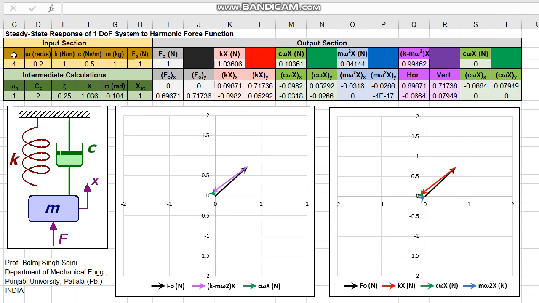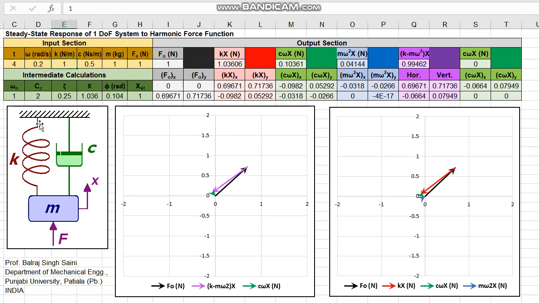Okay, the symbols have their usual meanings. T stands for time. I've just made it like this so that this angle omega t remains constant, so it doesn't have much significance as far as the calculations are concerned in this particular simulation. Omega is the frequency in radians per second of the imposed force function, which is harmonic in nature.